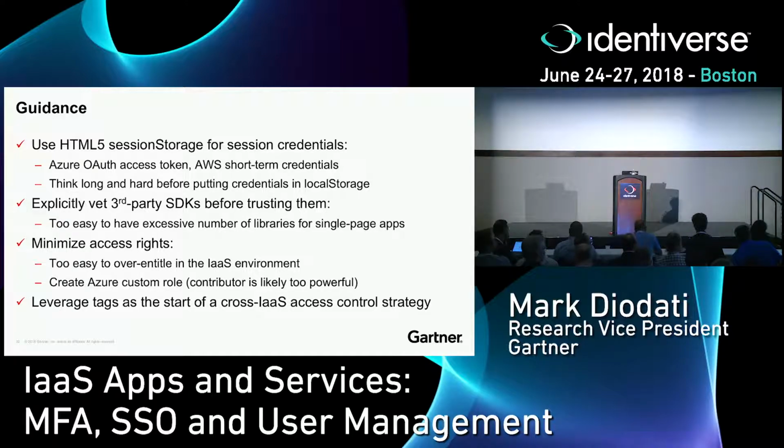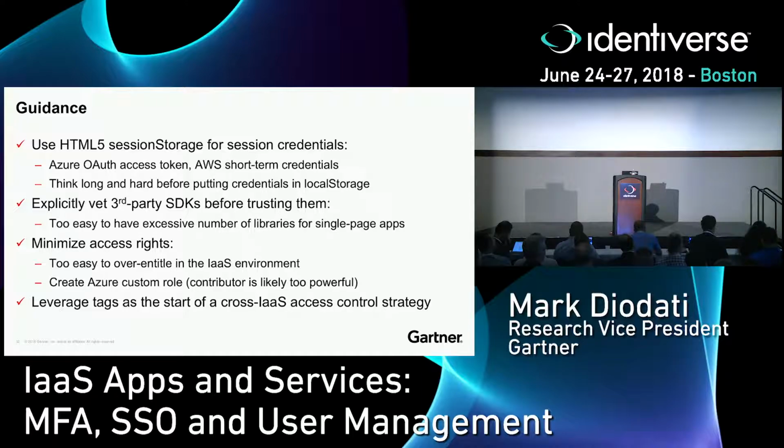And then one of the things, and I'll wrap up here, is that our clients are starting to use tagging as a way to unify their IaaS environments, including their identity and access management environments, across GCP, Google, Azure, and AWS. GCP calls them labels. Azure and AWS call them tags.